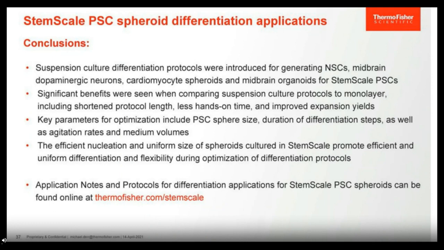Key parameters for optimization include PSC sphere size, duration of differentiation steps, as well as agitation rates and medium volumes. The efficient nucleation and uniform size of spheroids cultured in StemScale promote efficient and uniform differentiation, as well as flexibility during the optimization of these differentiation protocols.